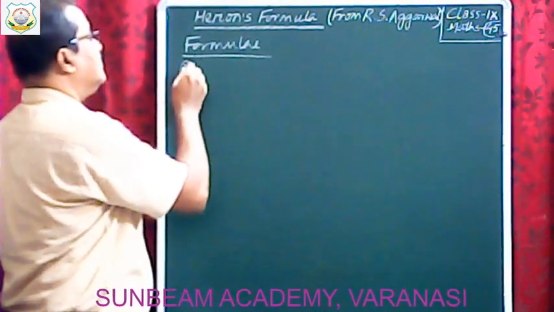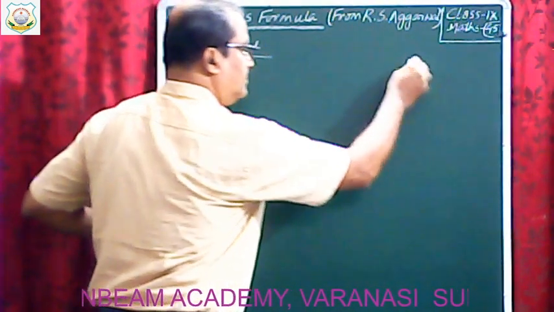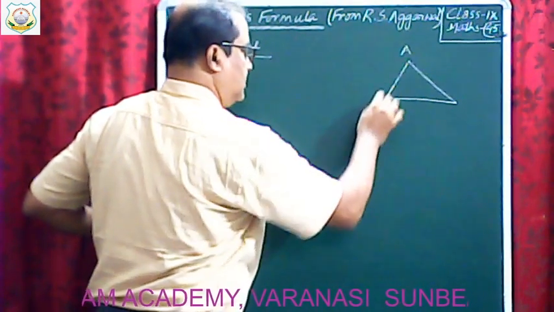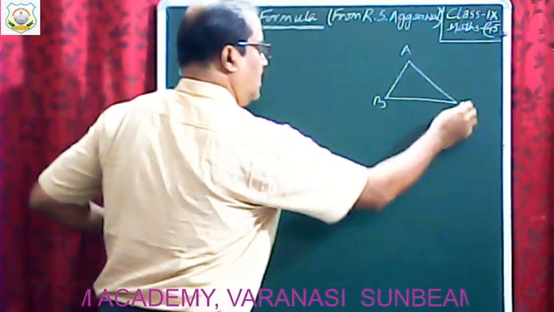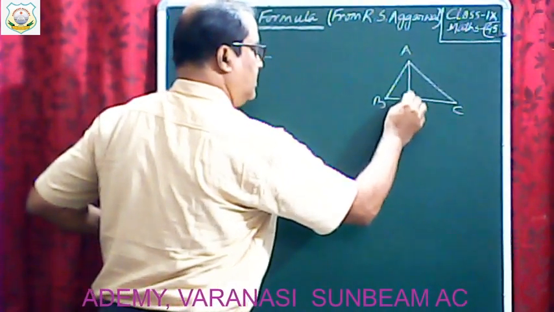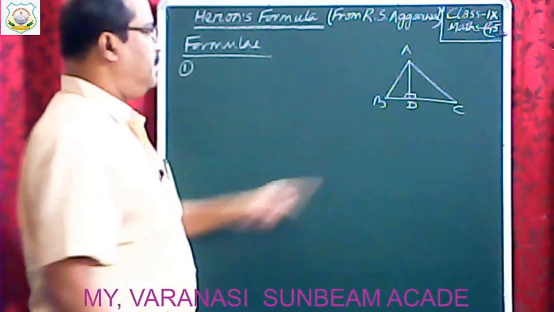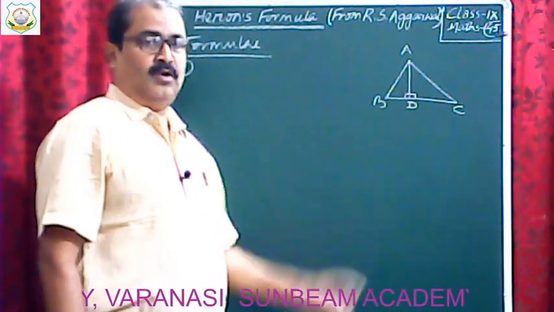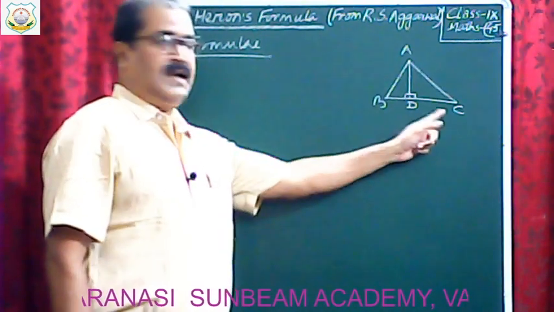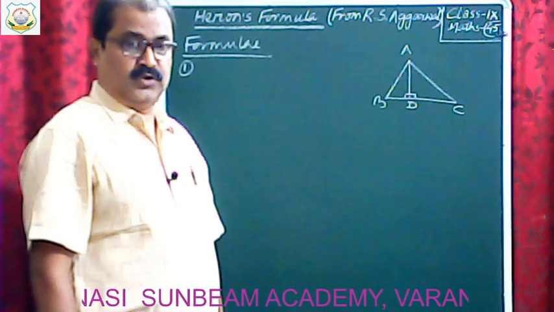First, a triangle is given. Suppose ABC. If we draw a perpendicular from A to side BC, suppose AD, then this perpendicular AD is known as altitude, and the side the perpendicular meets is the corresponding base of that altitude.